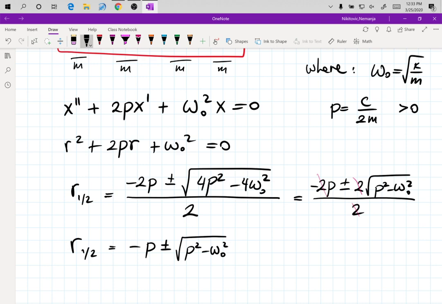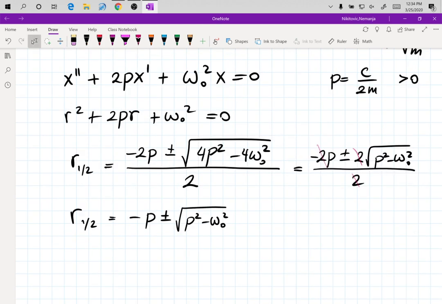And now, the solution clearly depends on the relationship of p and omega. If p is larger, then the value under the square root is going to be positive.